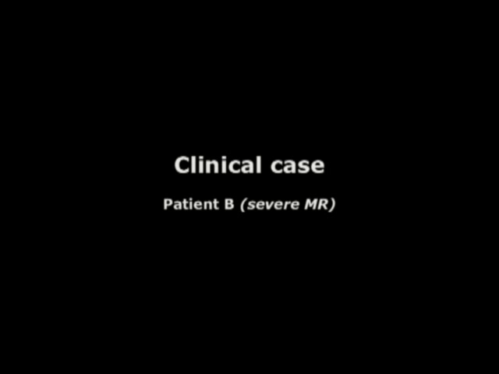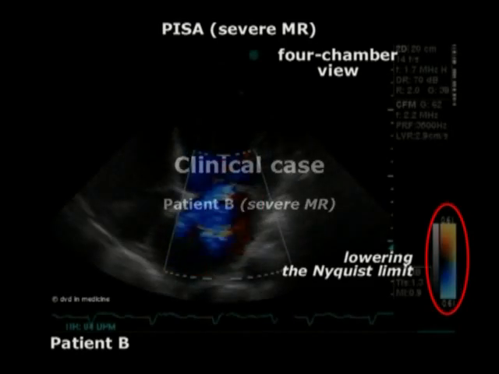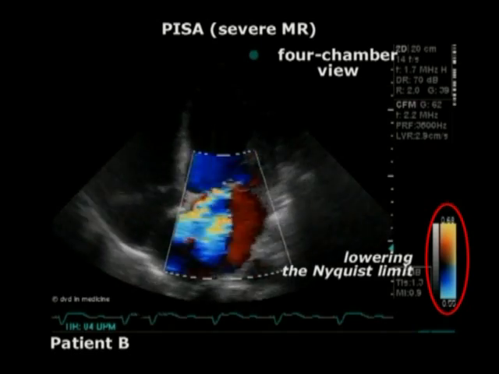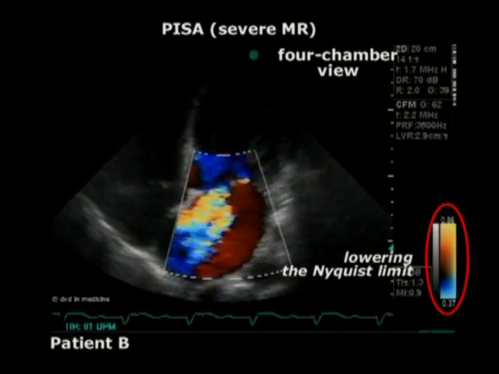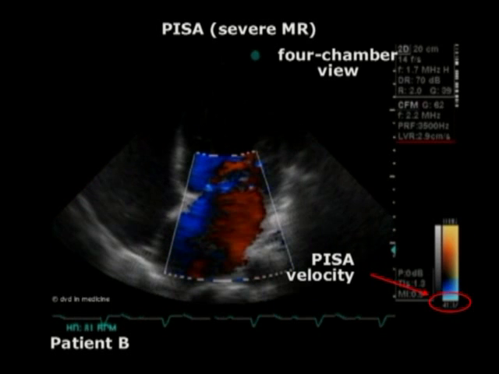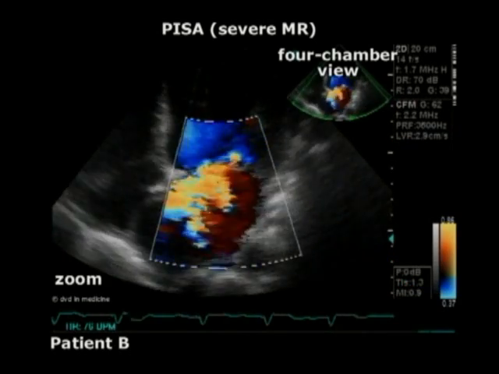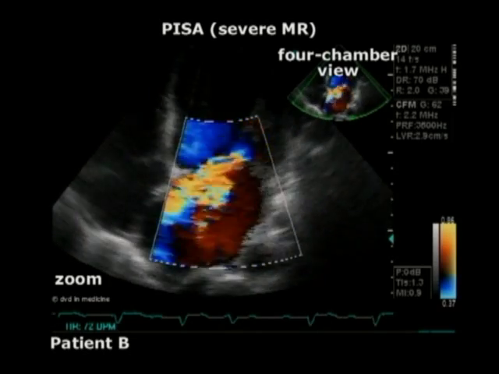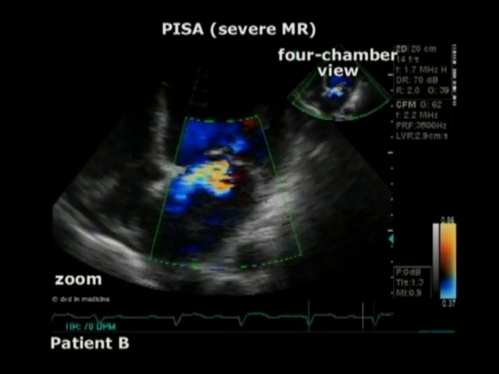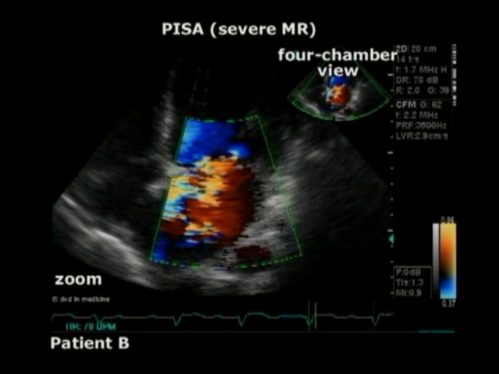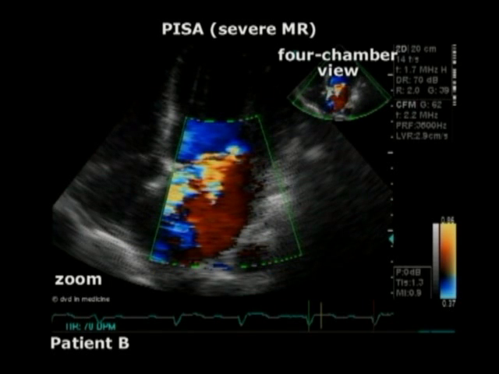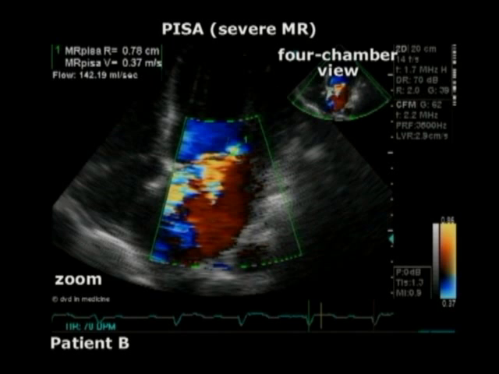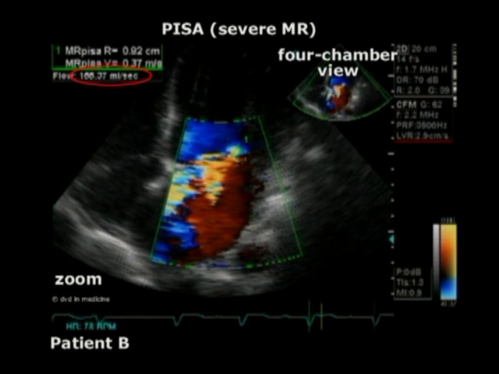Patient B with severe MR. PISA radius is around 0.8 centimeters and regurgitant flow rate around 155 milliliters per second.